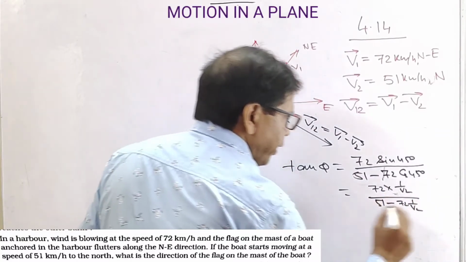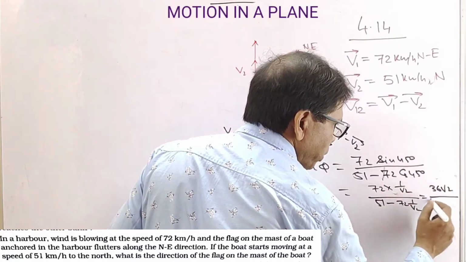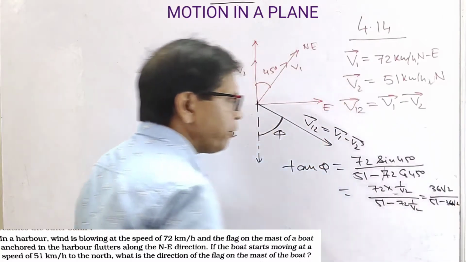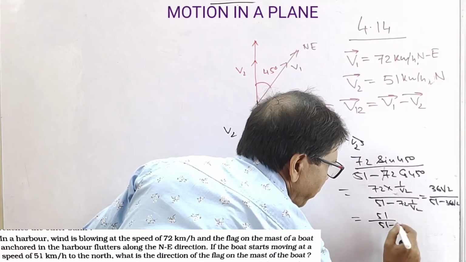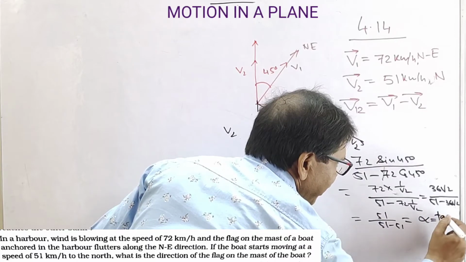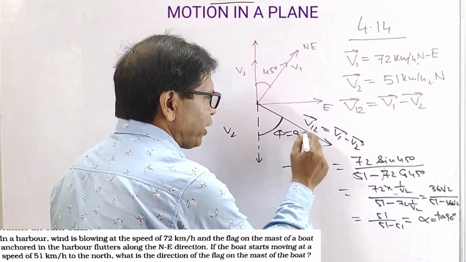So this is 36 root 2 and this is 51 minus 36 root 2. Okay, look at this, this is 51 divided by 51 minus 51. So this is infinity. So this is 90 degrees, so phi is equal to 90 degrees.